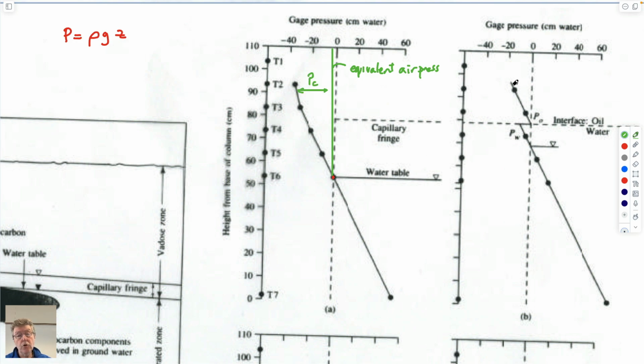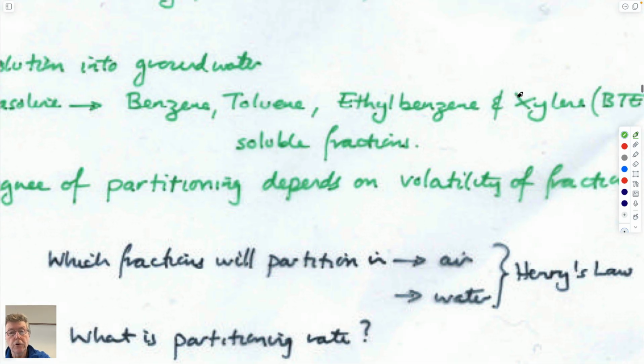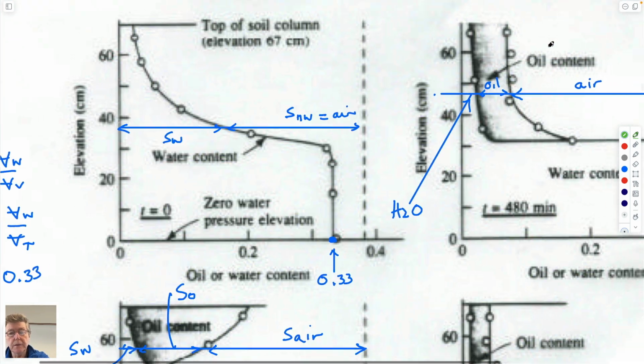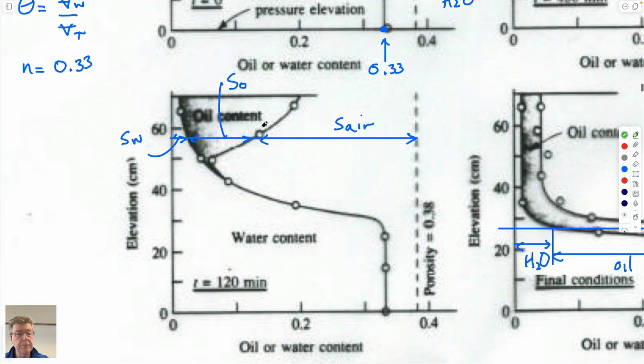So now if you drop the oil from above, what happens is you start off with a water table, you drop the oil from above, and you change the pressures. All of a sudden you shift some of these pressures by saturating this zone here with this tongue of oil that we saw before. So it's not the same experiment, but it's exactly the same behavior.